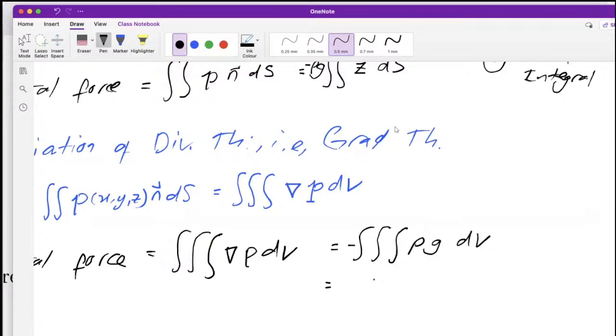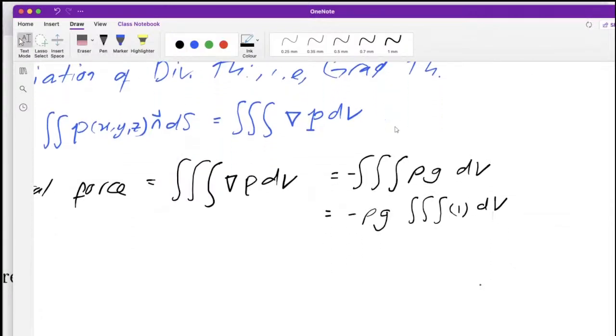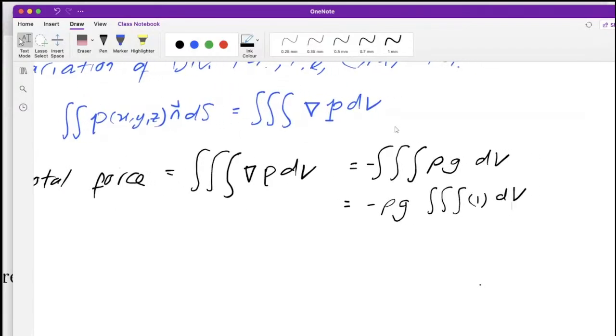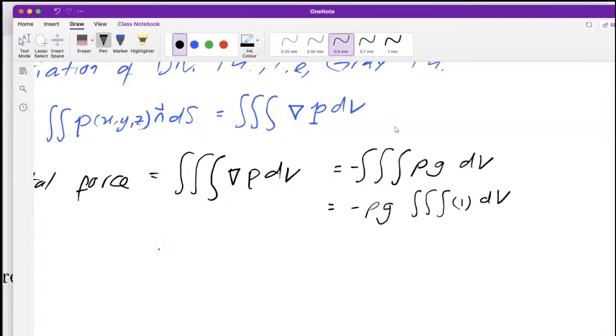So let's take this out first with the negative sign, rho g, and then the triple integral of 1 times dV over the volume. This is where the buoyancy comes in.